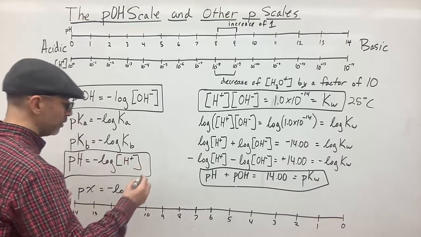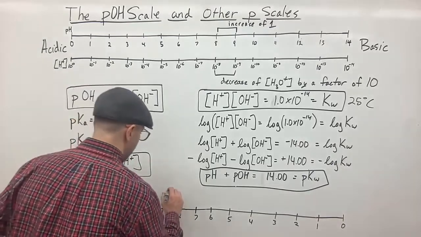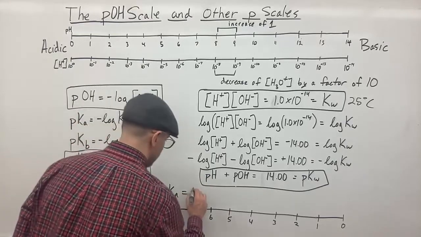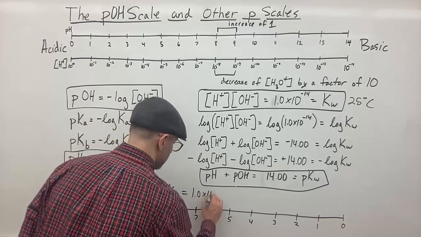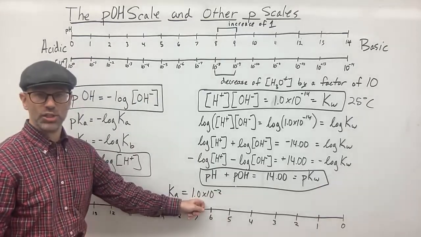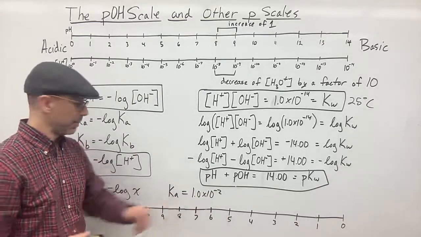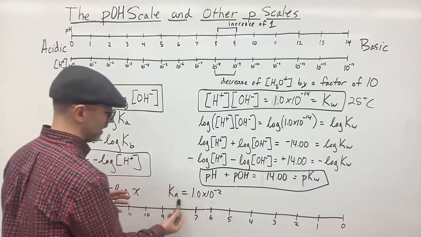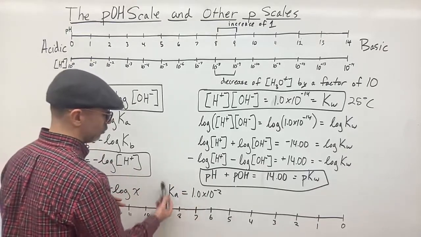So for example, let's say that the Ka value of some acid is 1.0 times 10 to the negative 2. So that's a relatively large Ka value, right? So if we take the pK of that, to find the pKa, we take the negative log of the Ka.